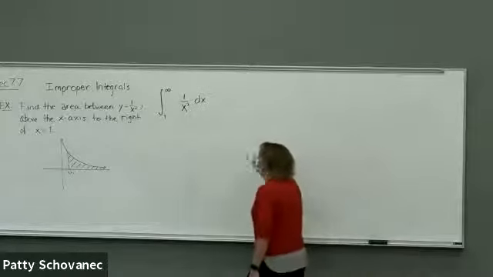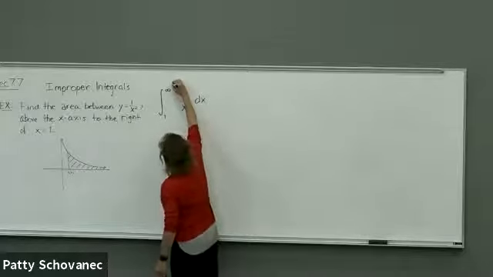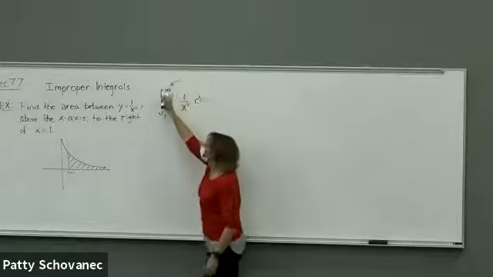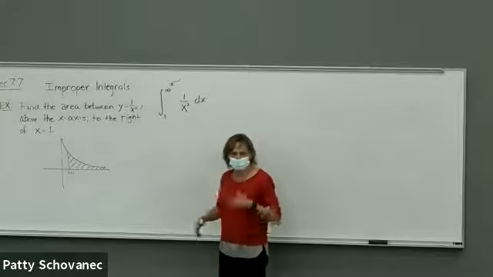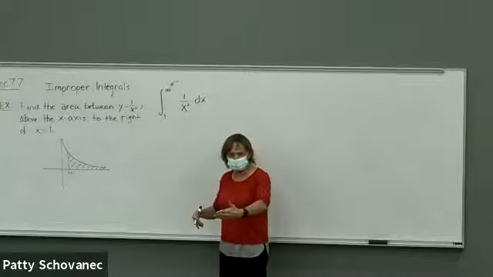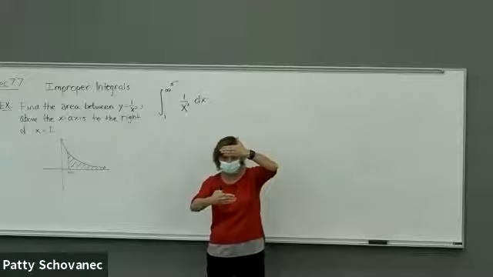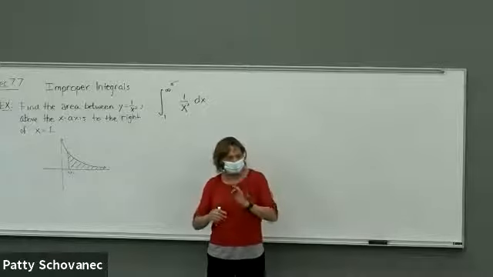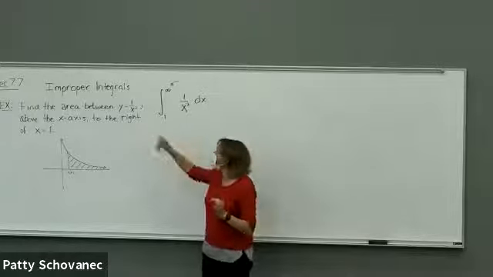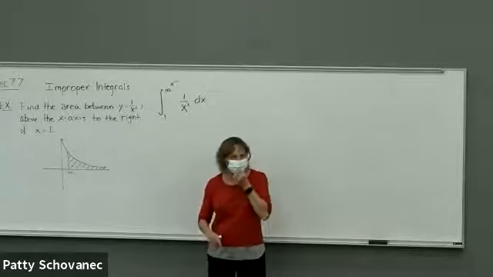That infinity symbol makes it an improper integral. When one of the limits of integration is either plus infinity or minus infinity, or it's possible to have both limits of integration be infinite, from minus infinity to plus infinity, whenever you have that kind of situation, you've got an improper integral of type 1.